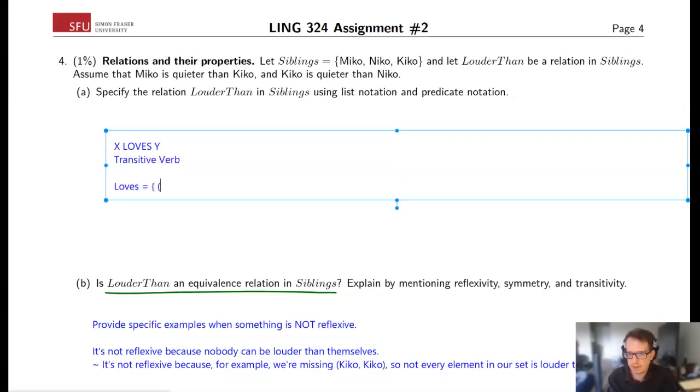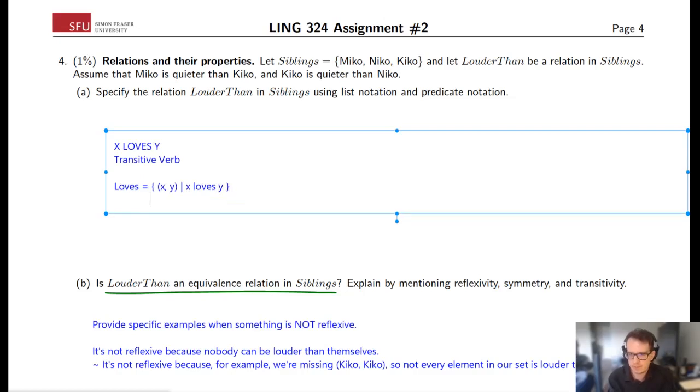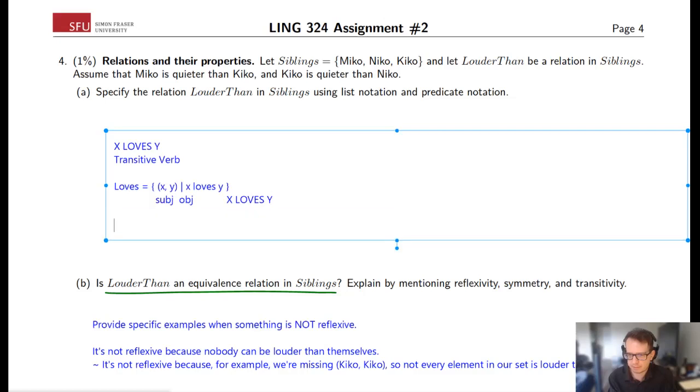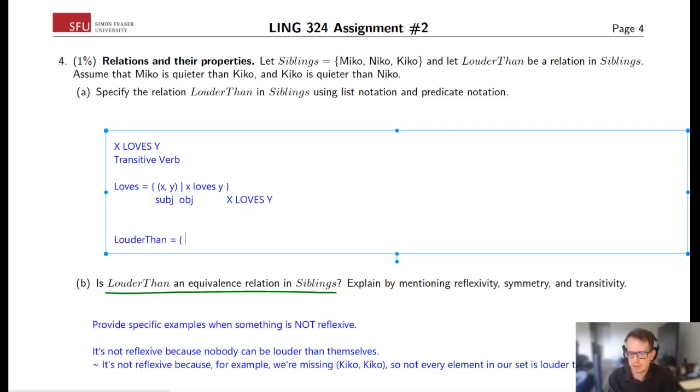So when we write this as a relation, we're looking for pairs of things, so subjects and objects, X and Y, where X loves Y. So what we do here is basically we're looking for a pair of subject and object, and then we have the sentence frame in the description. So for this example, with louder than, we're looking for pairs of subjects and objects, X and Y, where X is louder than Y. And that would be an example of predicate notation for this question.